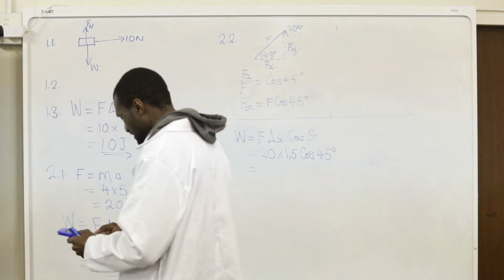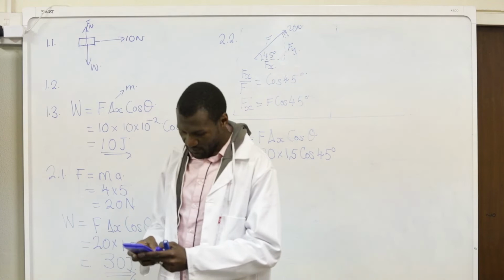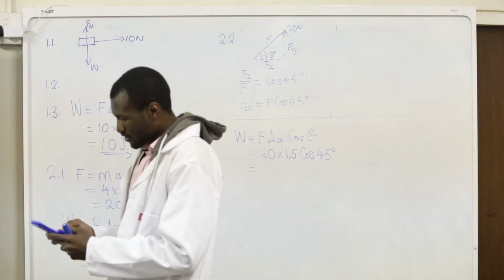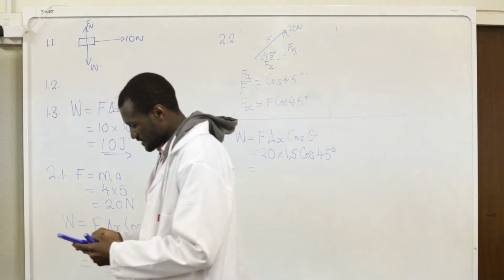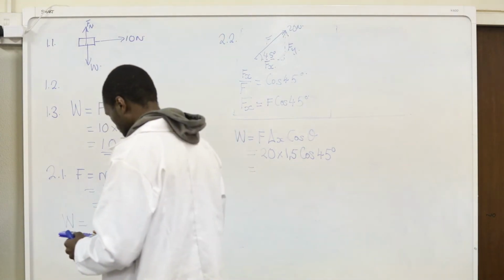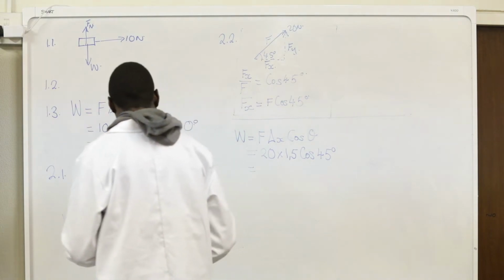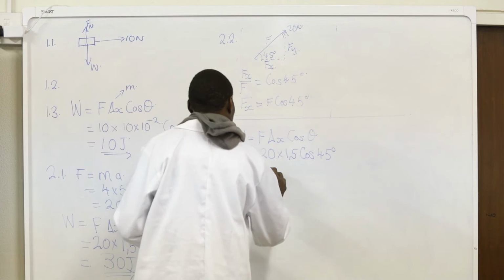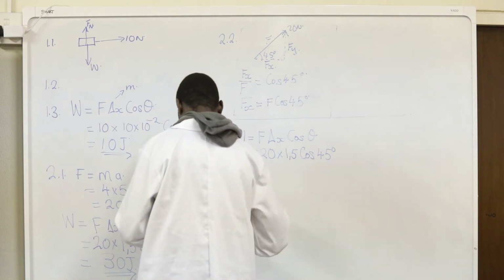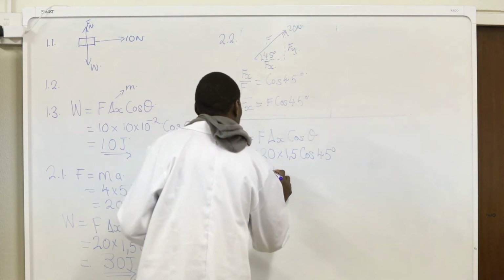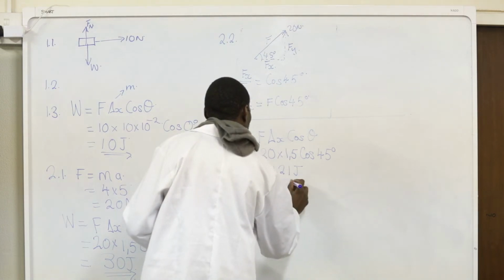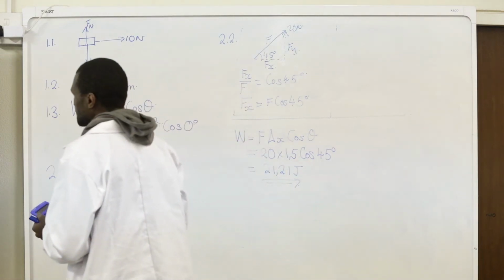Calculate with me. 20 multiplied by 1,5 multiplied by cos of 45 degrees is equal to 21,21. And always remember to put in your units in joules.